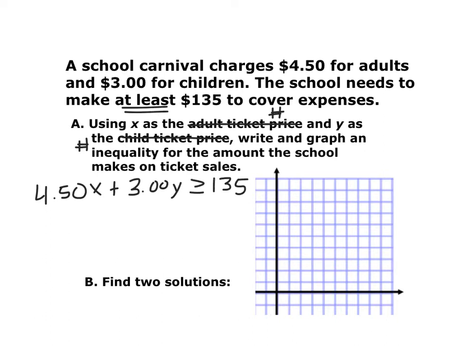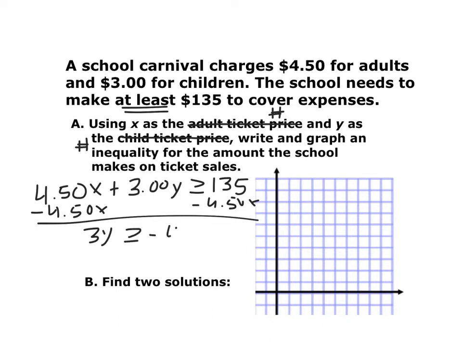All right? The next step would be to put this into slope-intercept form. So you'd want to subtract 4.50x from both sides. So we get that 3y is greater than or equal to negative 4.50x plus 135. And then we're going to divide everything by 3.